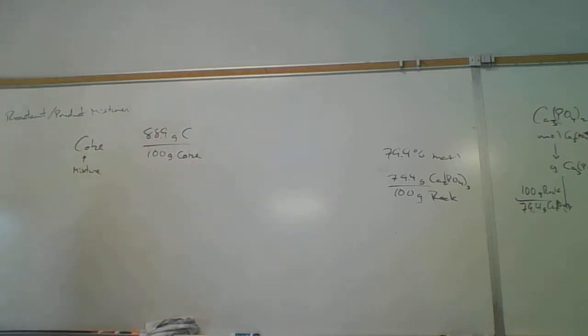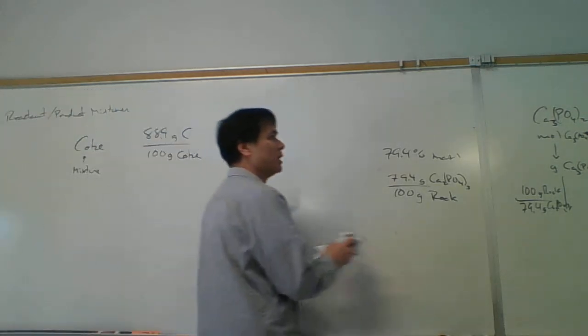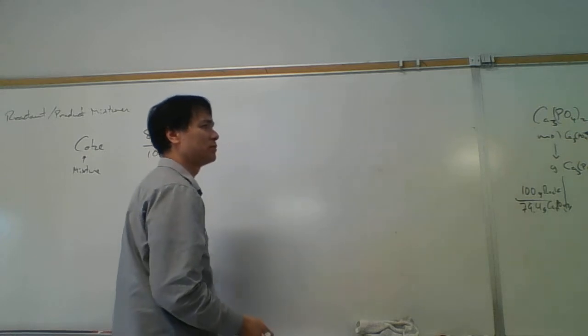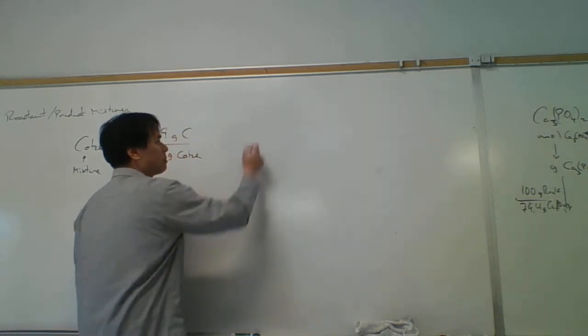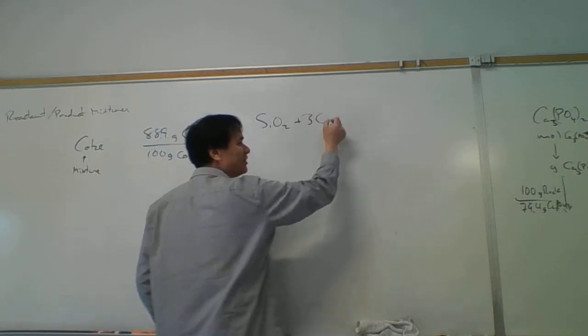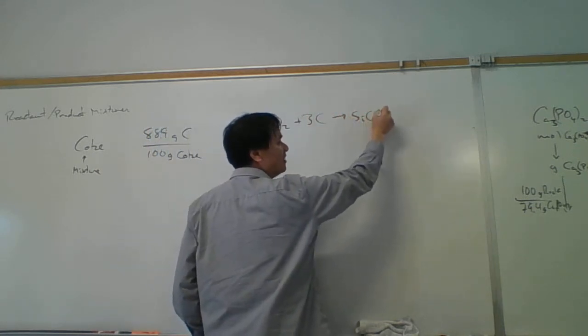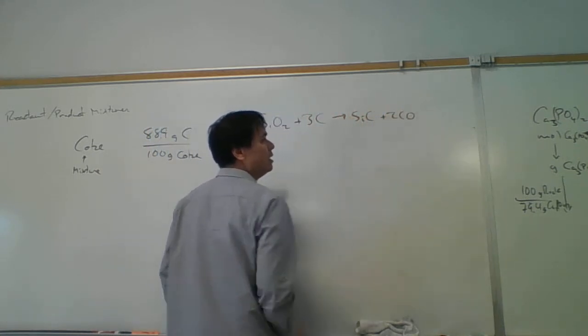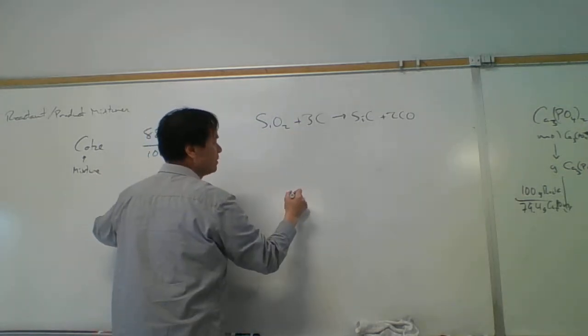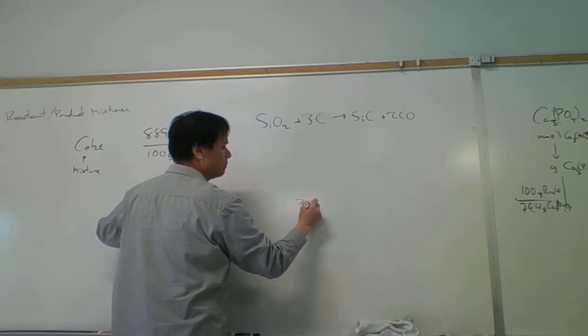And so we got to figure out how we're going to do this now. In fact, we're starting off with 727 kilograms of coke. And so we could just do this, mapping it out here. Carbon, silicon carbide plus 2 carbon monoxide. So we don't have pure carbon, we have coke. And so we have 727 kilograms of coke.